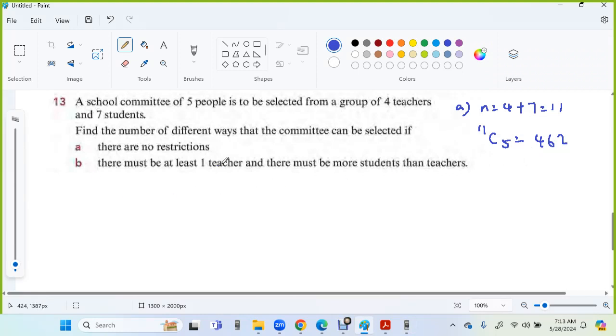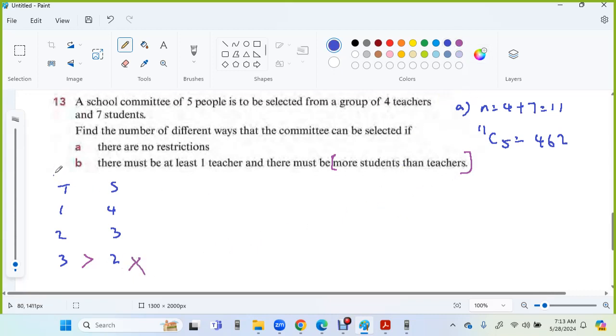Okay, B, at least one teacher, and there must be more students than teachers. So we have at least one teacher, 4 students, 2 teachers, 3 students, and then 3 teachers, 2 students, more students than teachers, then this one cannot.